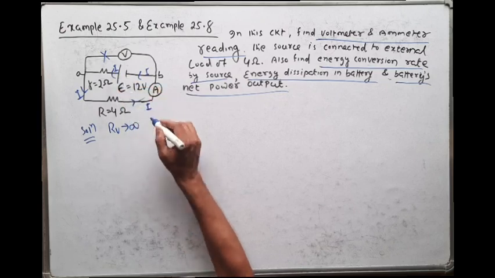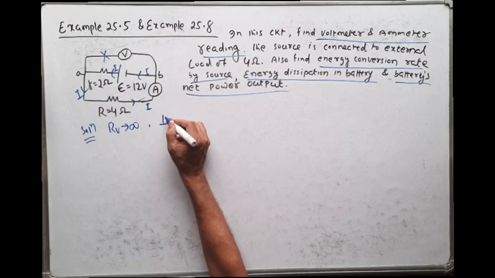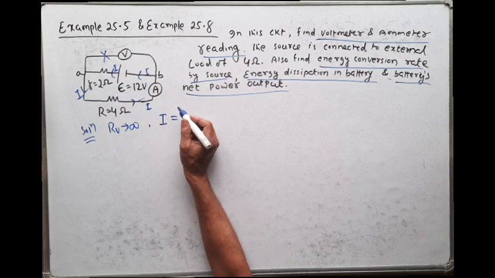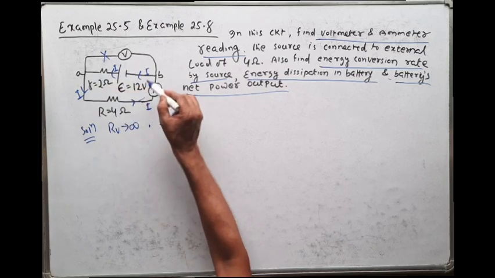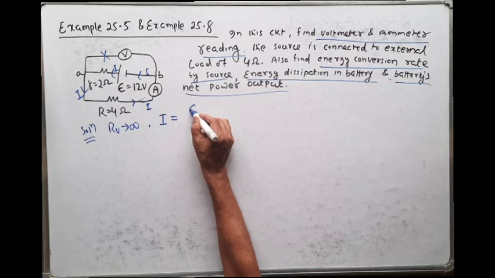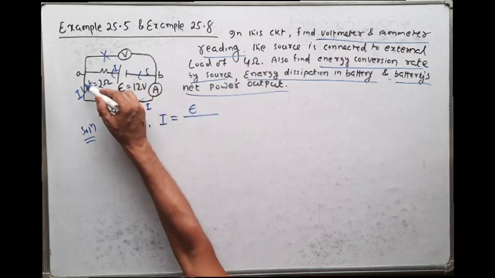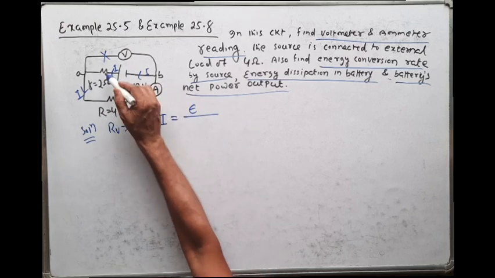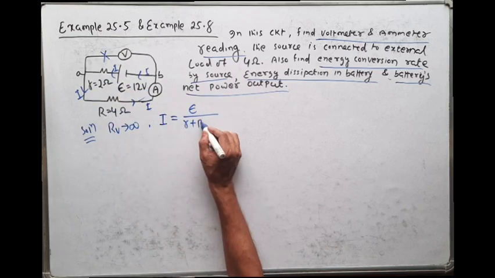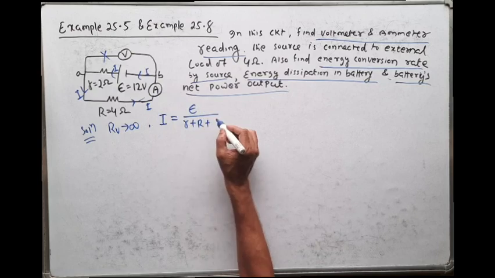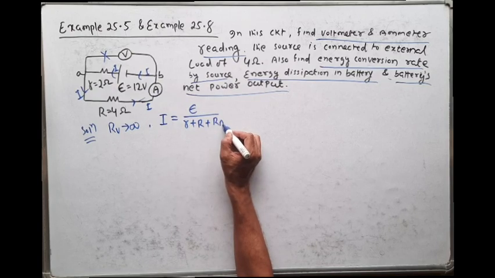So now what is the current? If we apply Kirchhoff's voltage law or Ohm's law, here the voltage in the loop is E. And what is the total circuit resistance in this loop? Here the internal resistance, here the external resistance. Here the ammeter is connected, whose resistance is say RA.